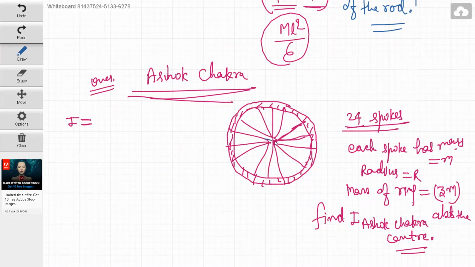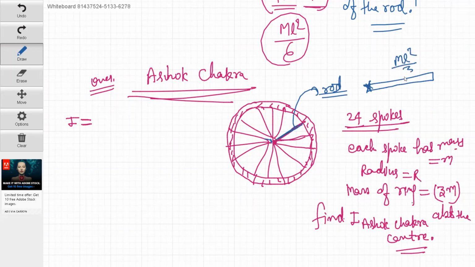So the moment of inertia of each spoke: a spoke is just like a rod hinged at one of its ends, isn't it? So its moment of inertia will be ml square by 3.